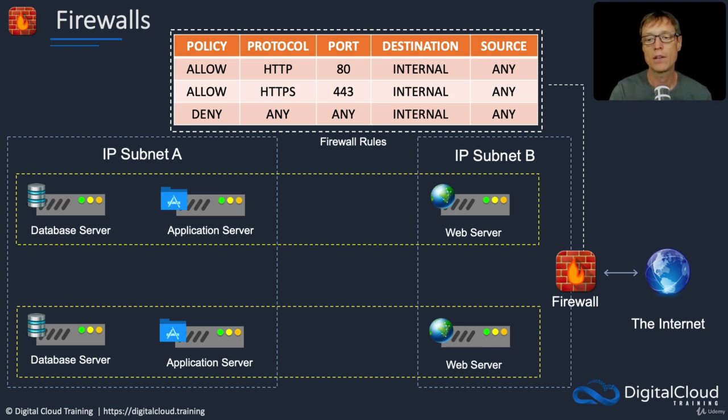Now, we don't just place firewalls at the perimeter. We can also place them internally. So we could say that any traffic leaving our web server and going to our application server is also subject to some rules. So for example, we might have a rule that says that we know what port the application is running on.